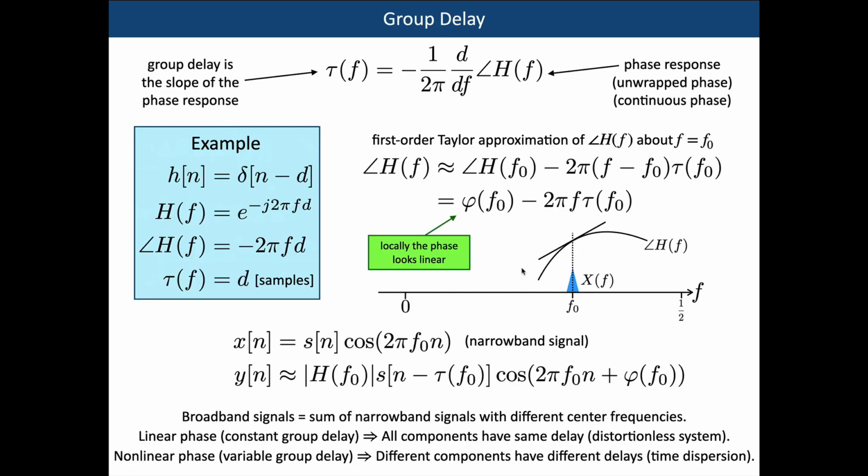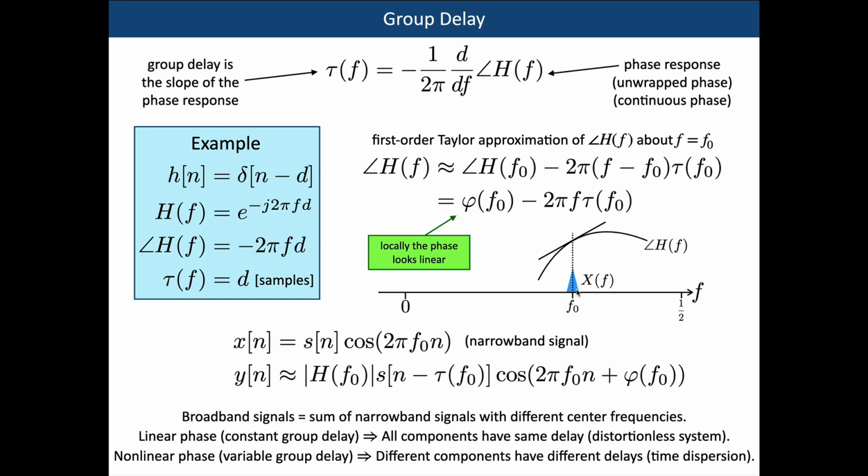Well, when we have a nonlinear phase function, as you see in this example, suppose this line right here is the phase response of the system, plotted over the frequency axis. Notice here I'm only showing the positive frequencies from 0 out to 1/2, the highest frequency. In this example, I want to think about the input signal occupying a narrow spectral band.